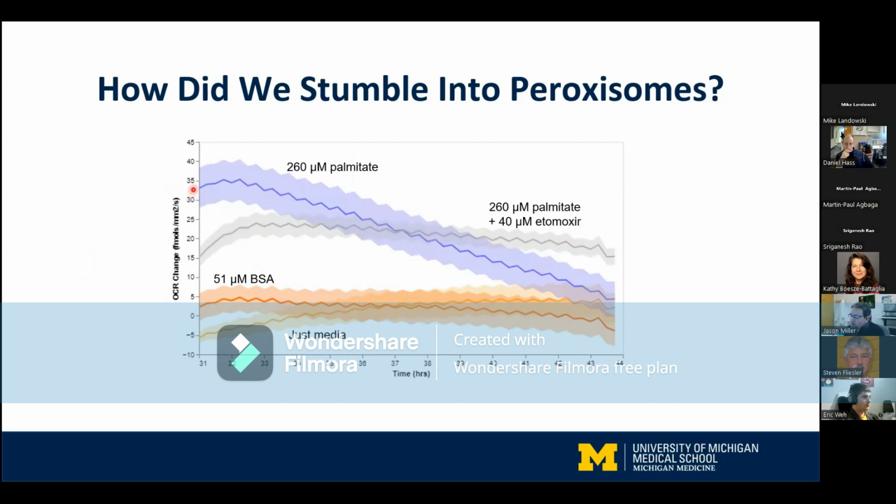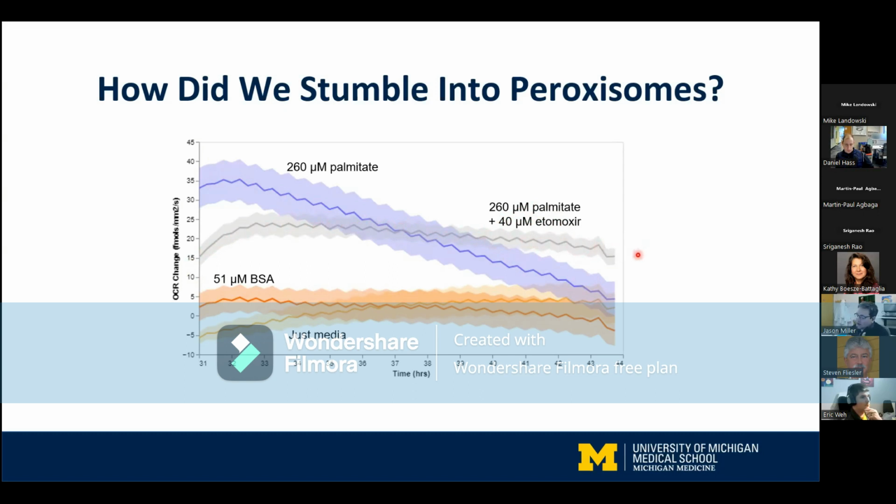If we deliver palmitate by itself in these depleted media, we get a spike. And if we add even more than 4 micromolar, 40 micromolar of etomoxir, we've tried it with multiple concentrations, we get less of a spike than with palmitate alone, but then, every time, totally consistent, without fail, we get this long tail in which the OCR stays elevated for a longer period of time.